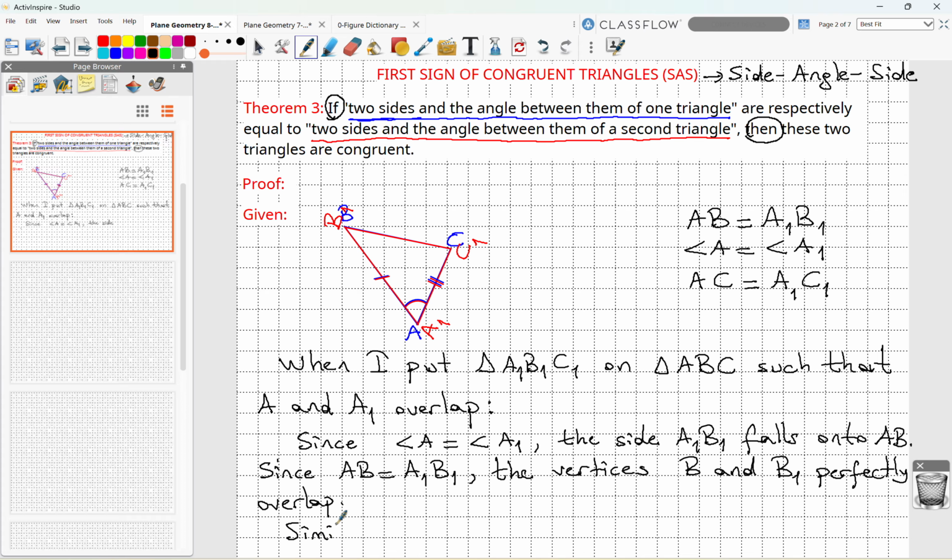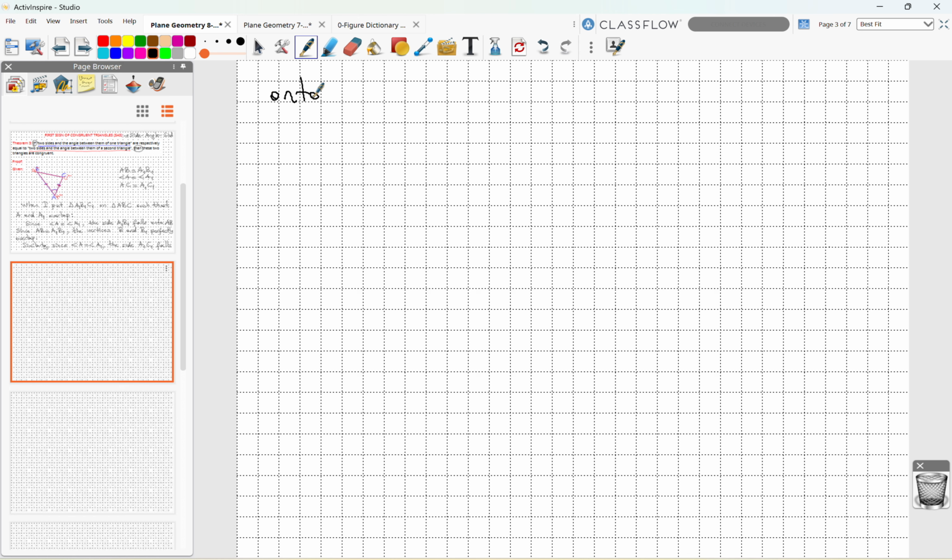Similarly, since angle A is equal to angle A1, the side A1C1 of the second triangle falls onto the side AC of the first triangle.